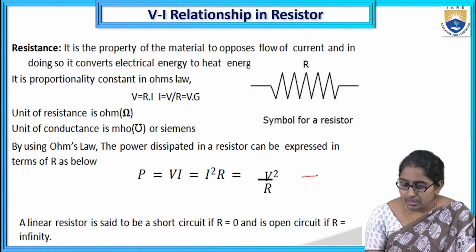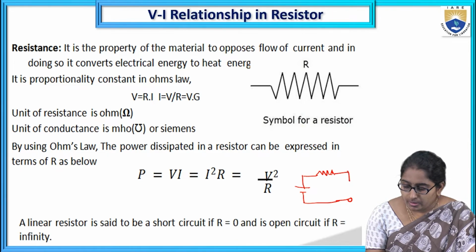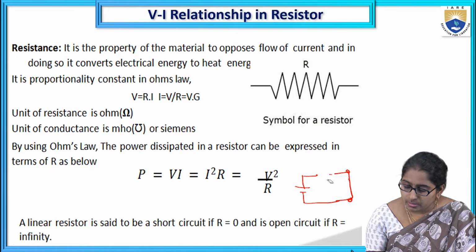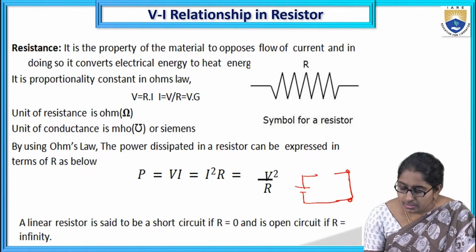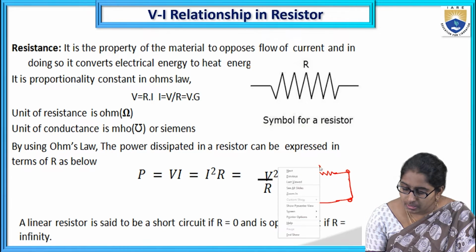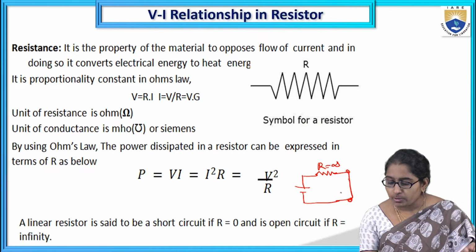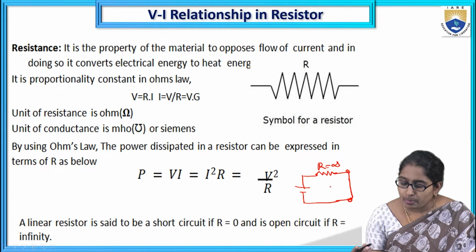That means let us say there is a supply and this is a resistance. If R is equal to 0, that is a short circuit. If this R value is infinity, it is an open circuit.